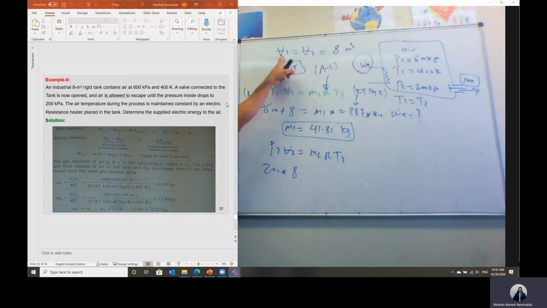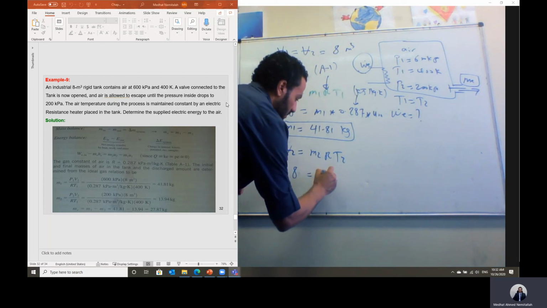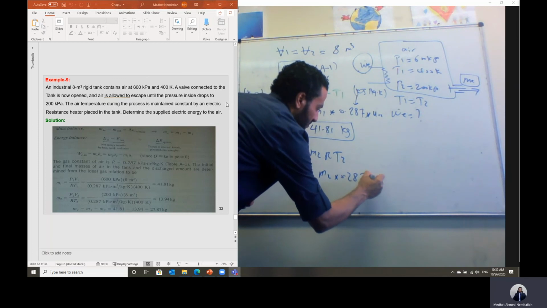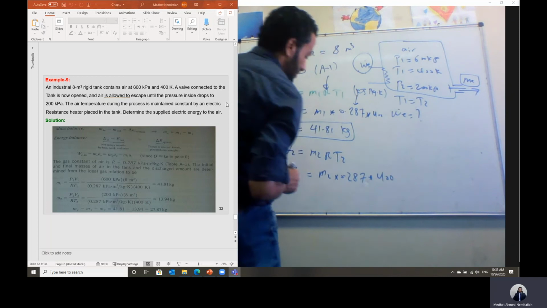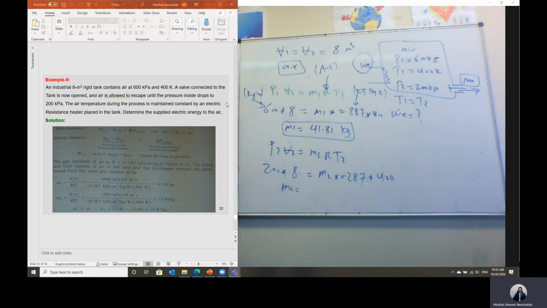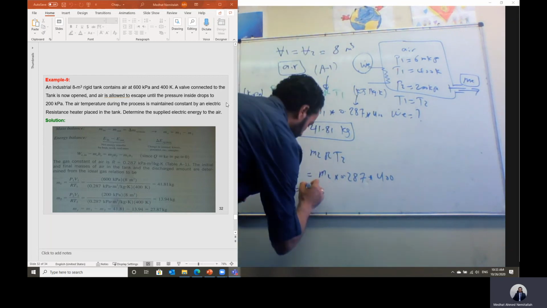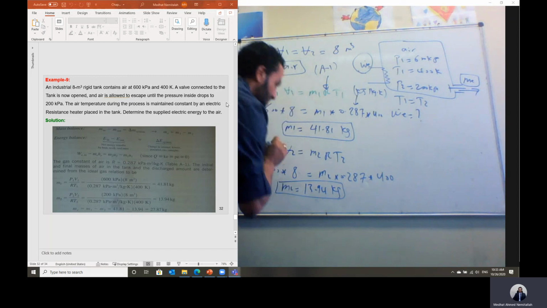It is a rigid tank, so V1 is the same as V2, equal to 8 meter cube, equal to M2 times 0.287 times T2, which is the same as T1, 400 Kelvin. Based on this, we can calculate the final mass M2, which will equal 13.94 kilogram in this case.